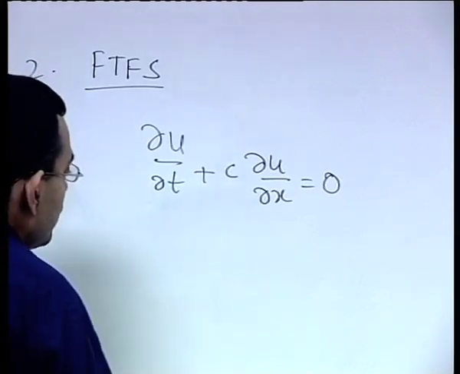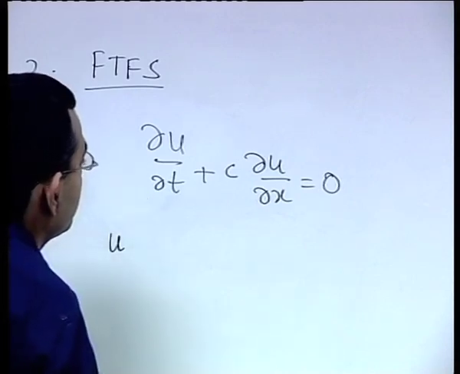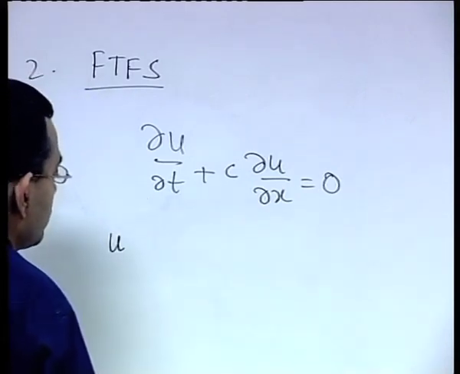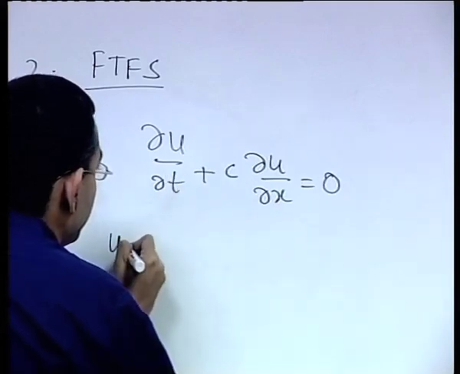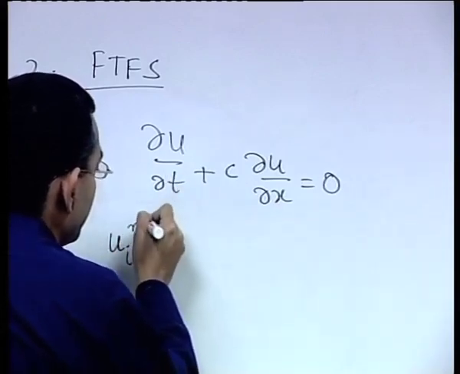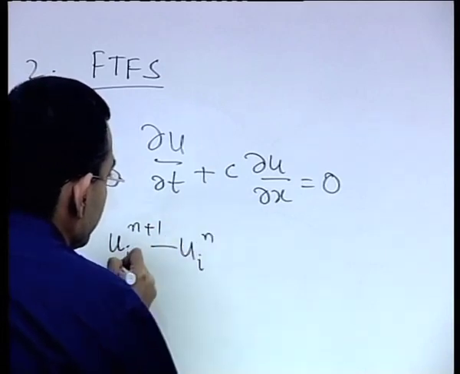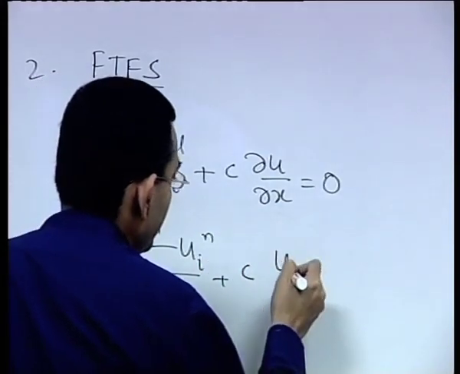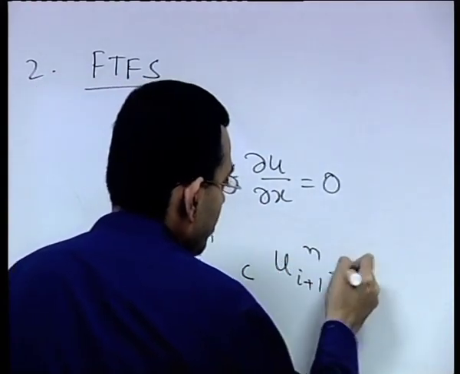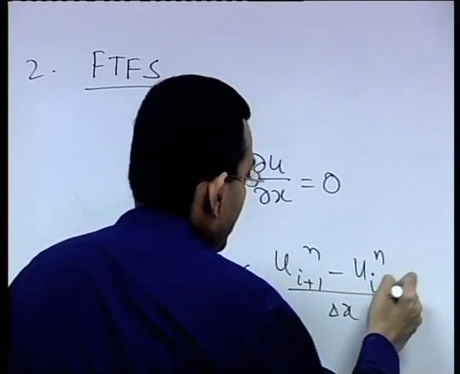So, let us write the corresponding difference formula. u_i^(n+1) minus u_i^n by delta t plus C into u_(i+1)^n minus u_i^n by delta x equal to 0.